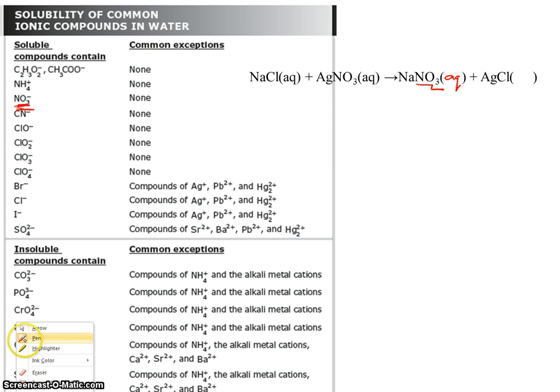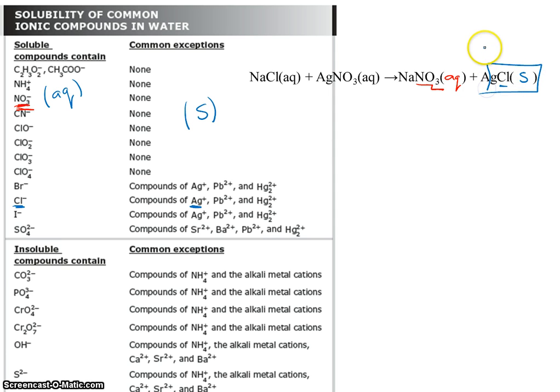Maybe we change ink color for this. If we looked up the AgCl, we're going to look it up by the anion. So here's the Cl. Again, it's in the soluble section, but we come over here and check and we see that silver is one of the exceptions. It's insoluble. So everything in this section would be solid, whereas anything over here not an exception, we would say is aqueous. So here we would put S.